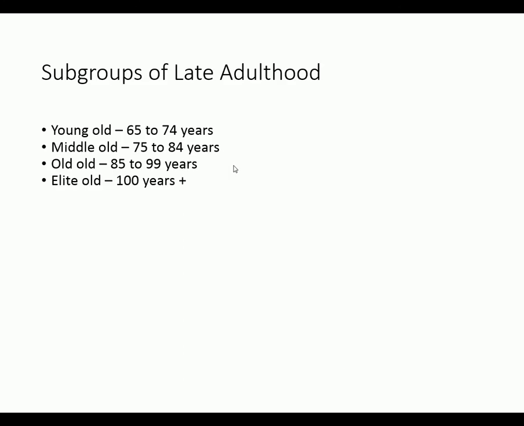You're going to see here the subgroups of late adulthood. You've got your young old, your middle old, your old, and the elite old. The fastest growing subgroup is the old, or the advanced older adult population. Frail older adults are at high risk for adverse outcomes.